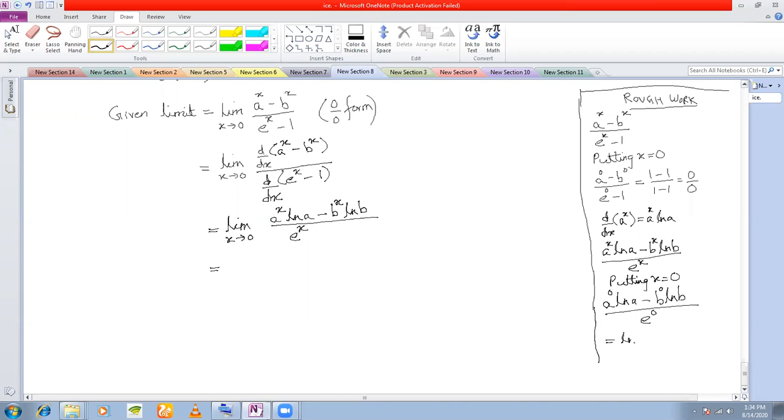So you get ln a minus ln b only, right? All are 1. Log a minus log b means log a by b. So this is a determinate form.